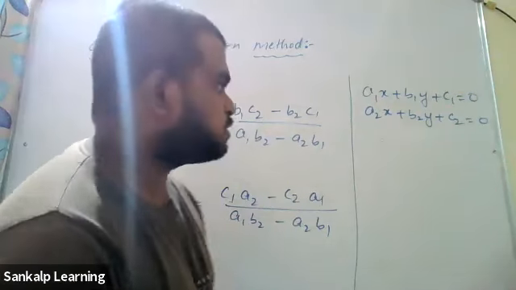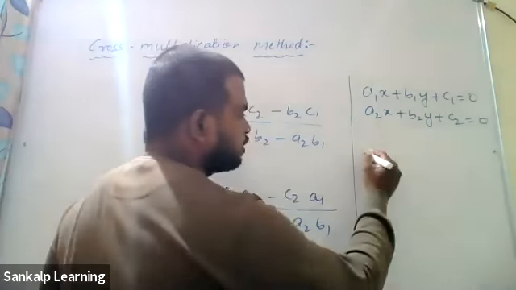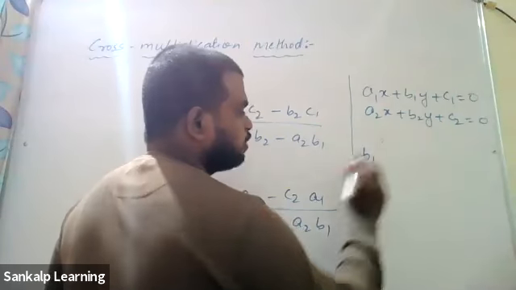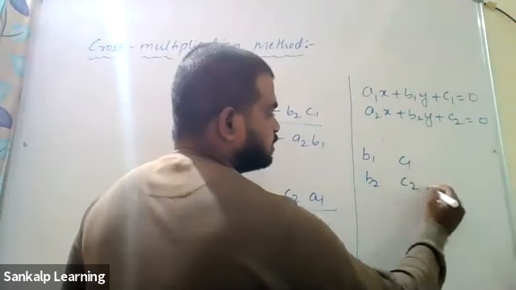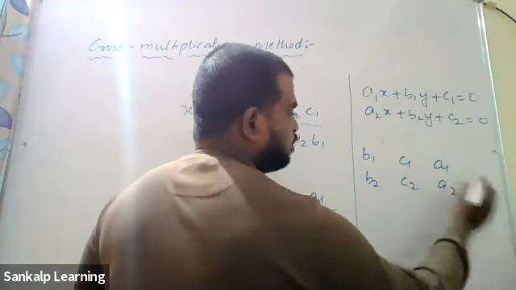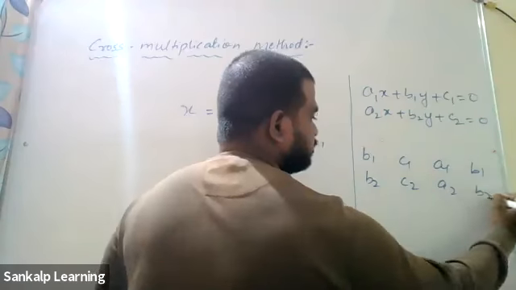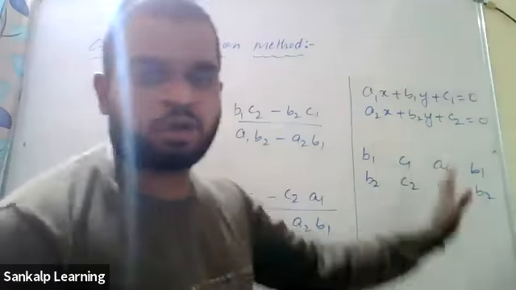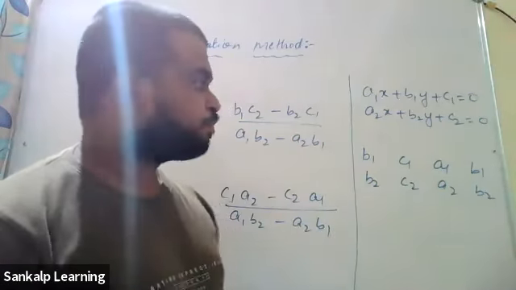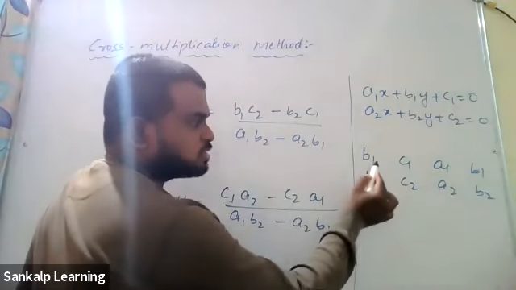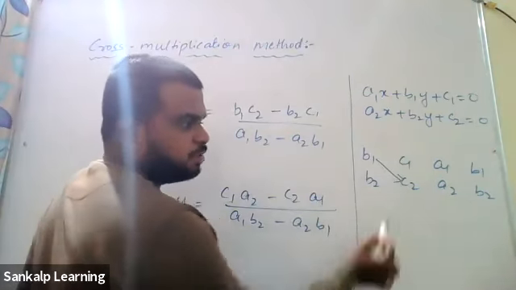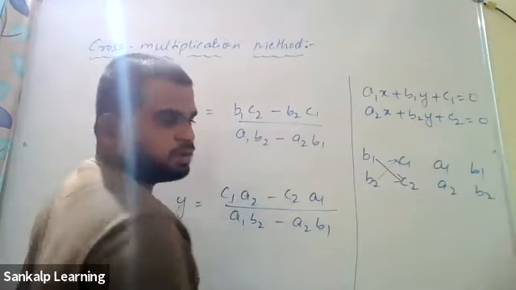Suppose I take the coefficients in this order: B1, B2, C1, C2, A1, A2, and again I end up with B1, B2. This is just a small trick to remember. Just cross multiply B1 C2, B2 C1.